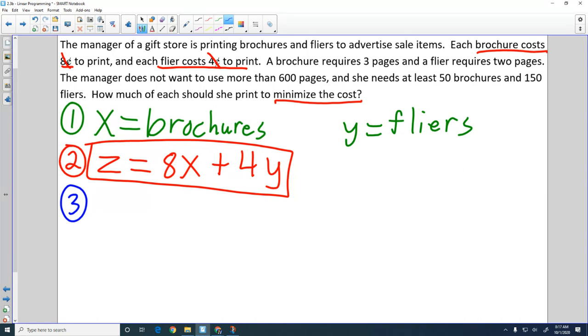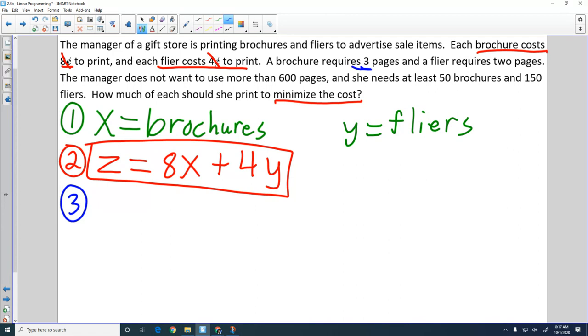So let's figure out, what are the constraints? Again, basically just look at the other numbers in the problem. Do you see any other constraints in there? So here's something, right?